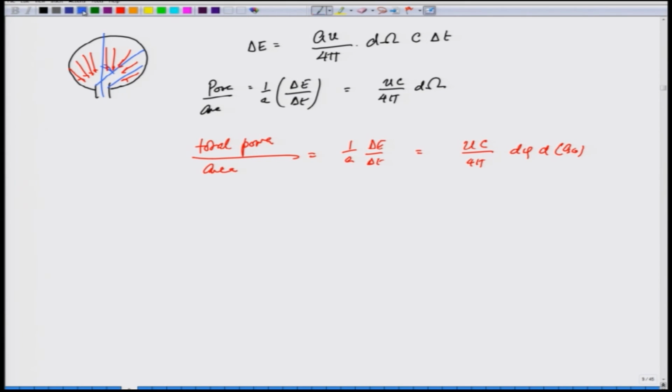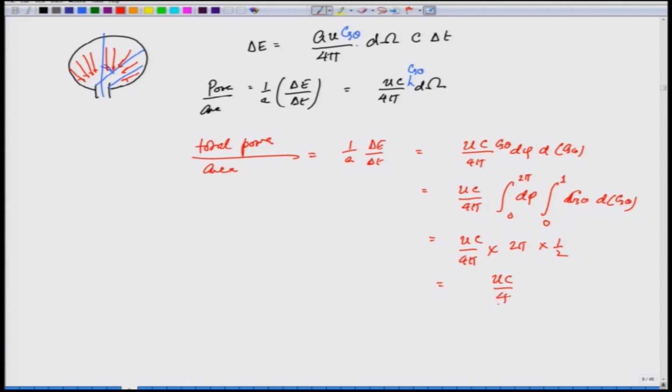I had forgotten a cosine theta here. This is nothing but u c over 4 pi, d phi integrated from 0 to 2 pi, and cosine theta d cosine theta integrated from 0 to 1, which is nothing but u c over 4 pi times 2 pi times 1 by 2, which is u c by 4.